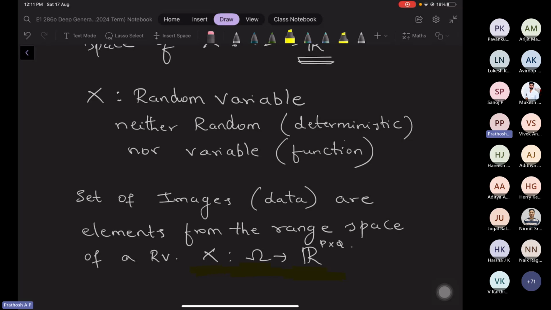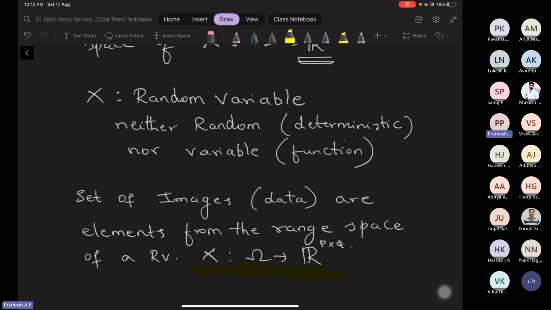The domain is the sample space. Is this idea clear? So every image is actually an element from the range space of a function called a random variable, which maps the elements of the sample space to this Euclidean space.